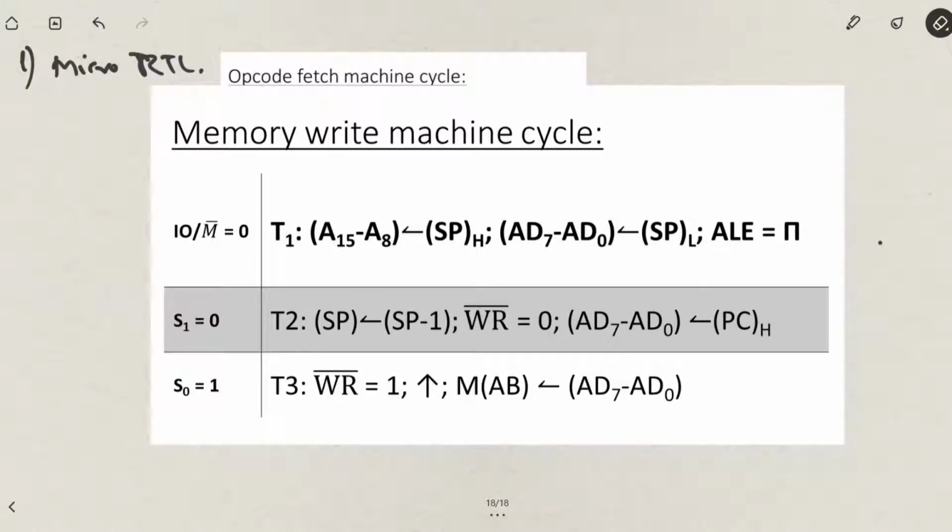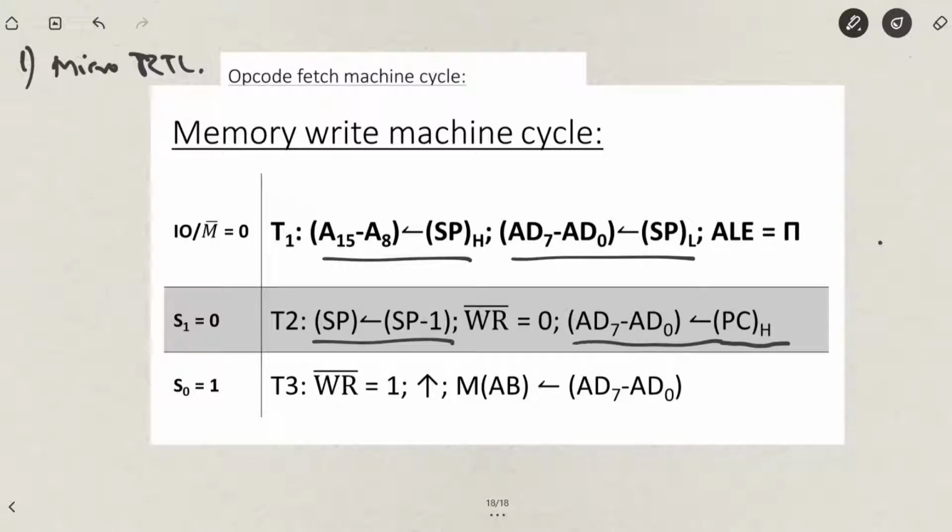So this will be the memory write machine cycle in T1 state. SPH will be loaded onto the address bus on the most significant byte. SPL will be loaded onto the address bus and ALE will be enabled. SP will now be decremented so that the next address, we are actually retrieving right now the higher significant byte, the most significant byte, and that will be loaded onto the data bus.